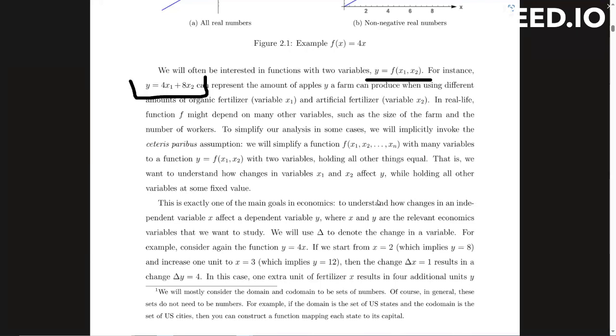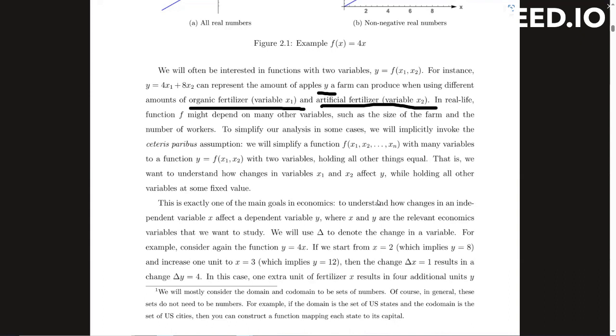For instance, y equals 4x1 plus 8x2 can represent the amount of apples y, the dependent variable, a farm can produce when using different amounts of organic fertilizer, x1, one of our inputs, and artificial fertilizer, x2, the second input.